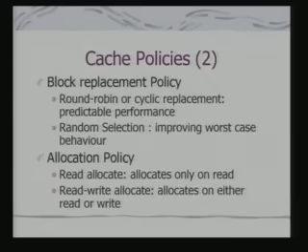Next thing is block replacement policy. If we are talking about a block eviction, which block is to be evicted? That is, which block is to be replaced? Because if we are talking about an n-way set associative cache, there can be n such locations where a set of memory locations can be accommodated.